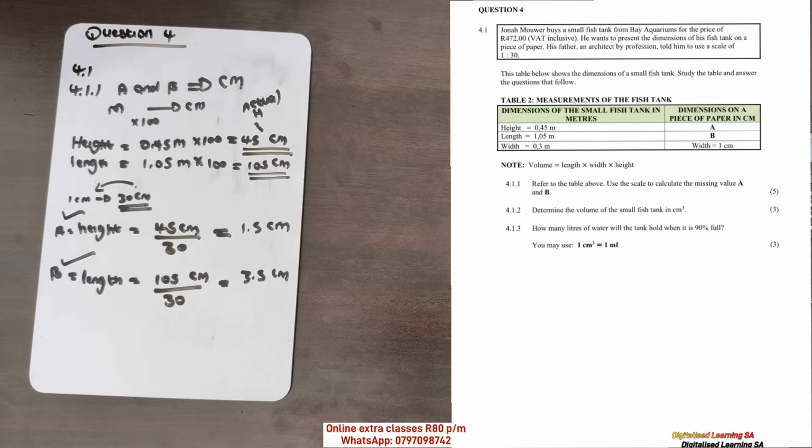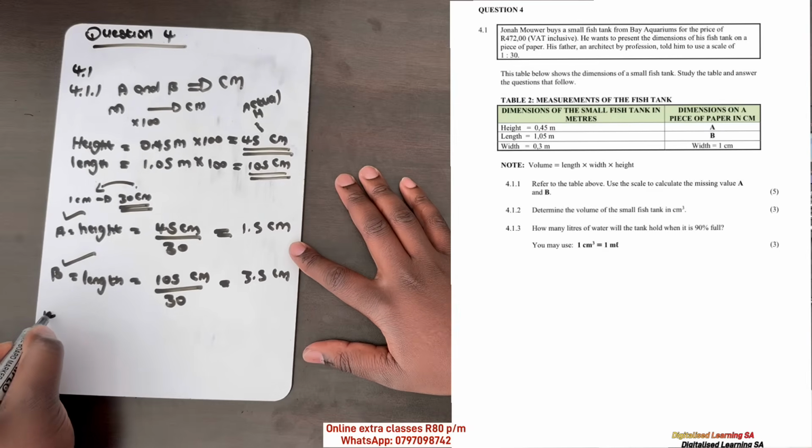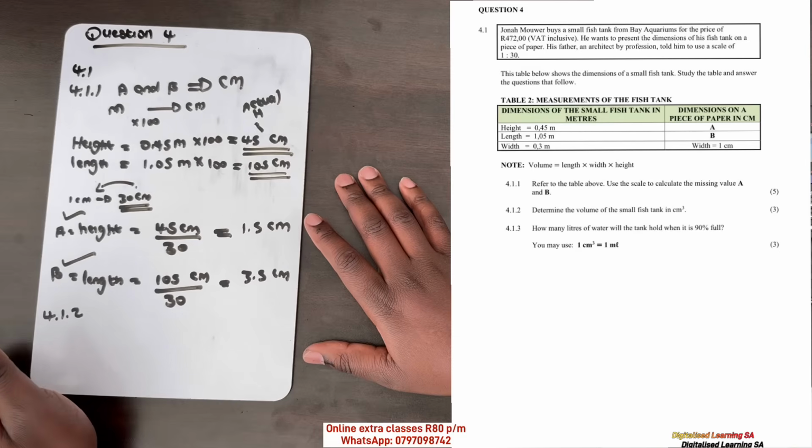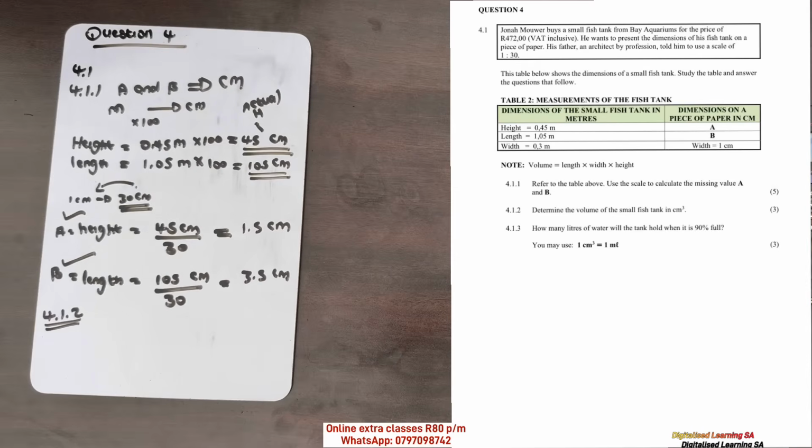Okay, so now we'll be moving to question 4.1.2. Question 4.1.2 says, determine the volume of the small fish tank in centimeter cubed. So now we are going to use the actual centimeters.